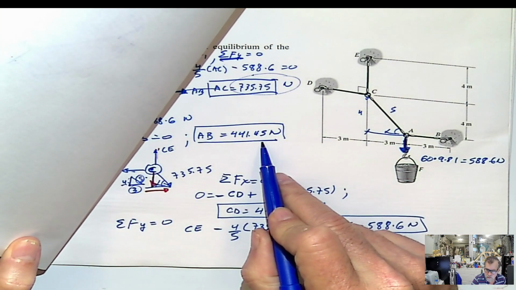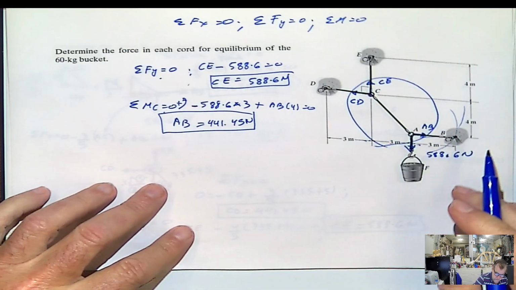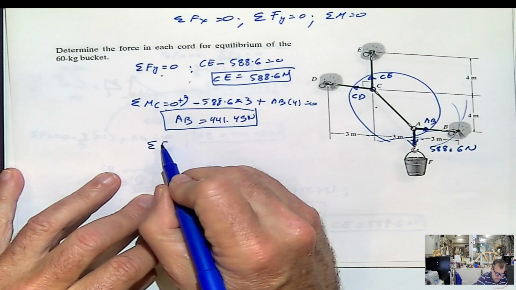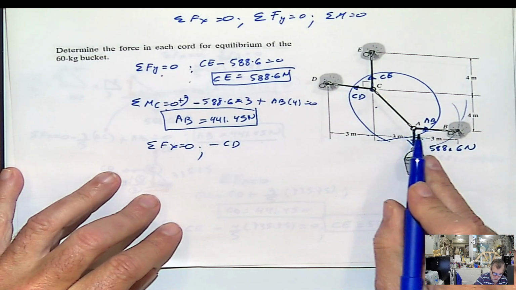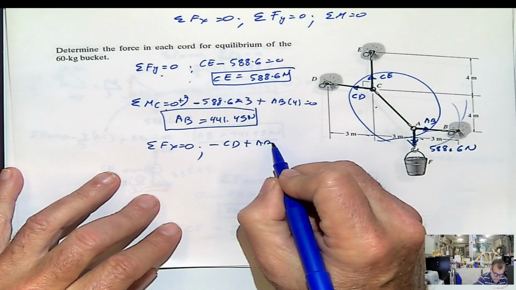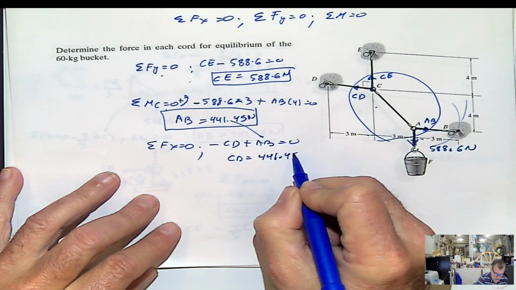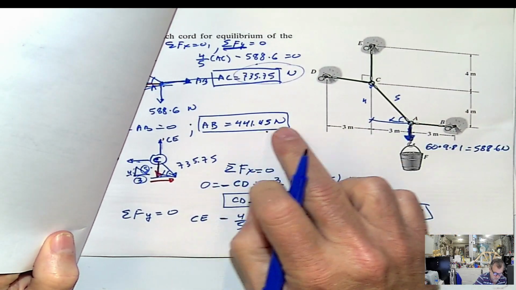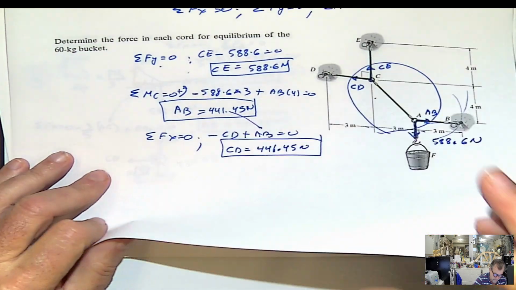And if I stick to the same free body diagram here, and I say summation of forces in X equals 0, then you have negative CD plus AB, there's nothing else, equals 0. So CD equals 441.45 Newtons, which is the same 441.45 Newtons that we got here before for AB and for CD.